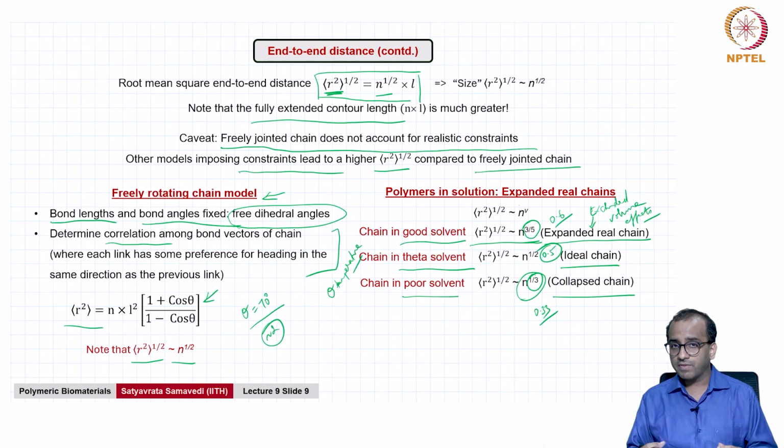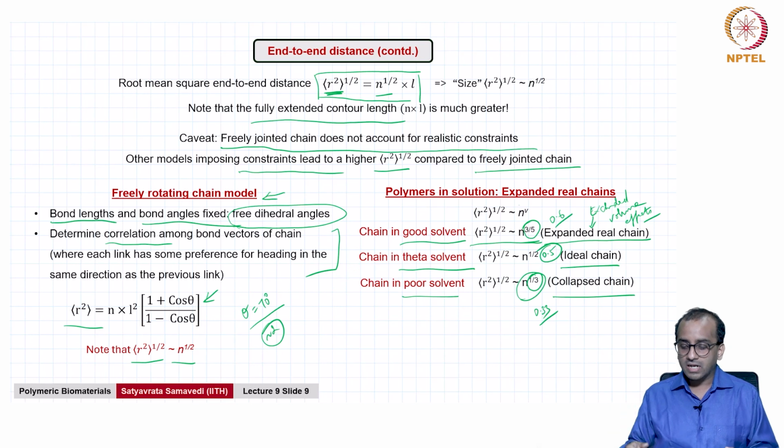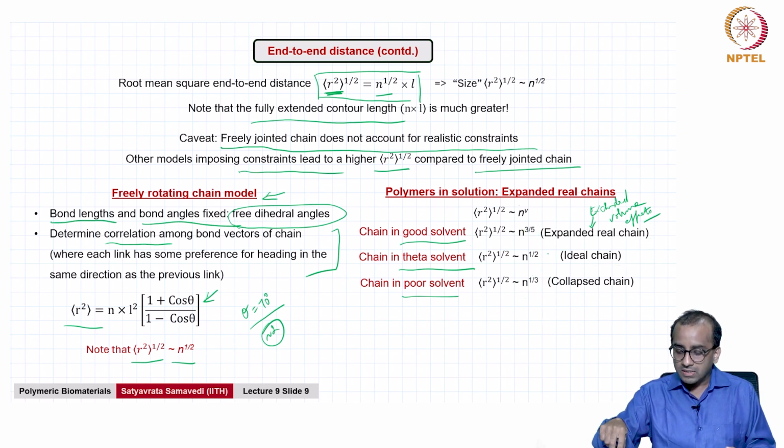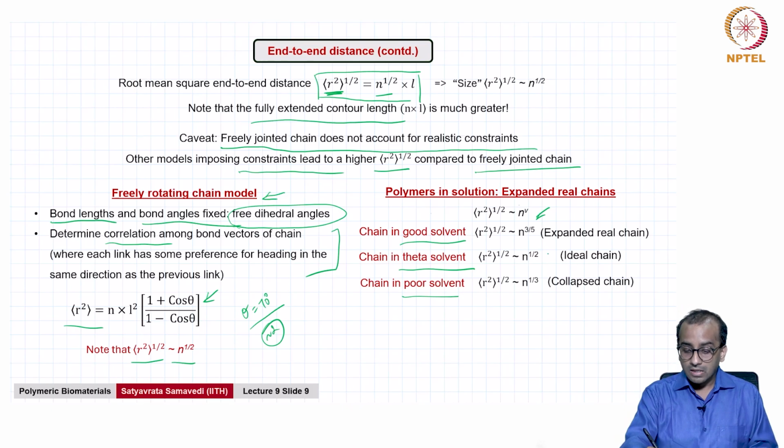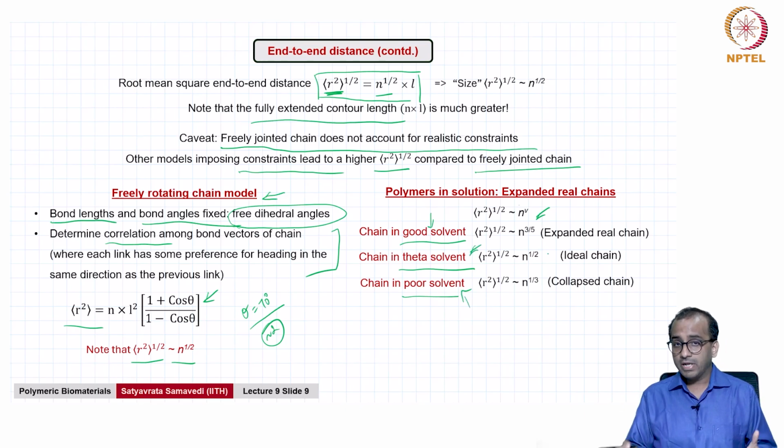So, we will look at these effects in far more detail in later lectures, but for now it is important to understand that what we are interested in here is to look at size using such scaling laws for mean square, root mean square end-to-end distance, where based on the exponent you can now predict whether the solvent is a good solvent or a theta solvent or a poor solvent, based on whether the chains want to be in an expanded state, which are real chains, or a collapsed state, or the ideal chain condition which is achieved when you have a theta solvent at the theta temperature.